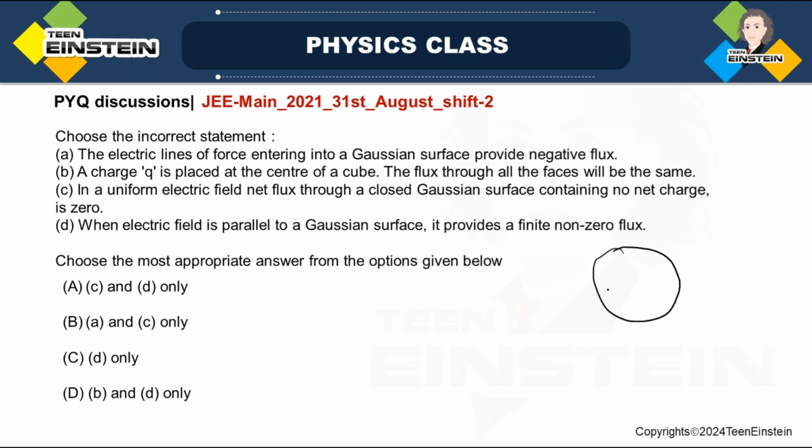Suppose this is a Gaussian surface, so when it enters, then it gives negative flux. Actually, this is a convention: while going out we take positive flux, while entering we take negative flux.